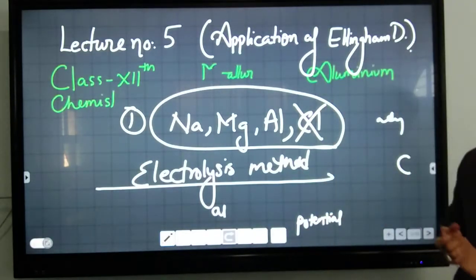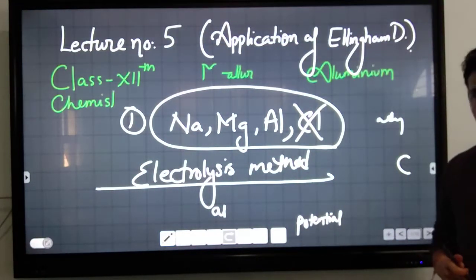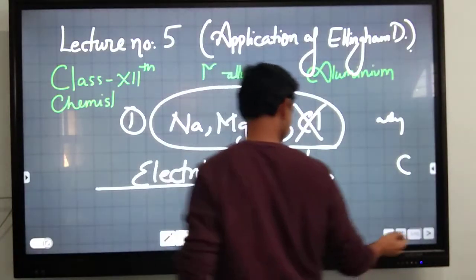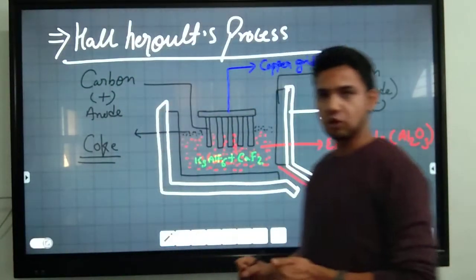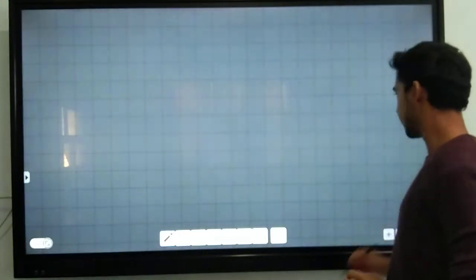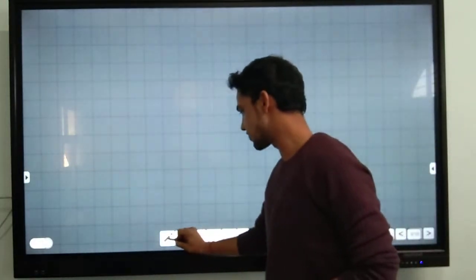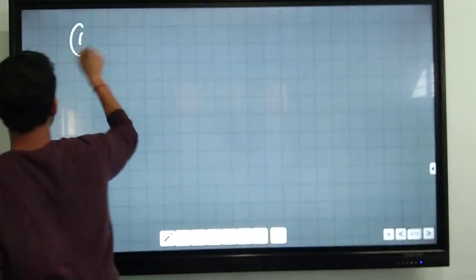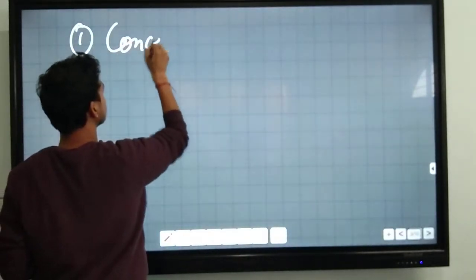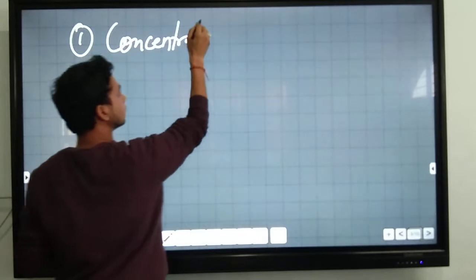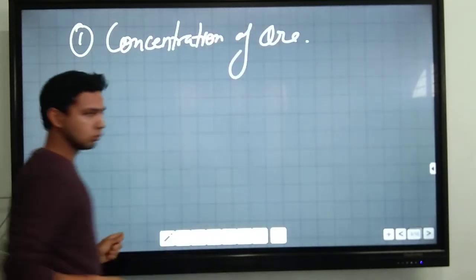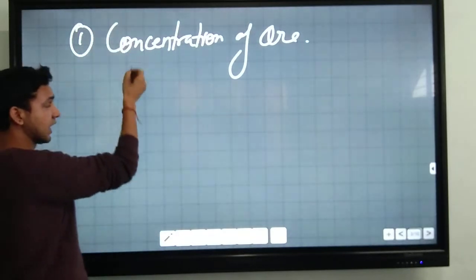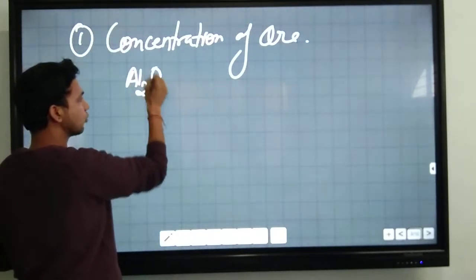Then we are going to discuss the metallurgy of aluminium. In the metallurgy of aluminium, generally, first of all we use the concentration of ore. The first step is the concentration. The main ore of aluminium is bauxite, or alumina.